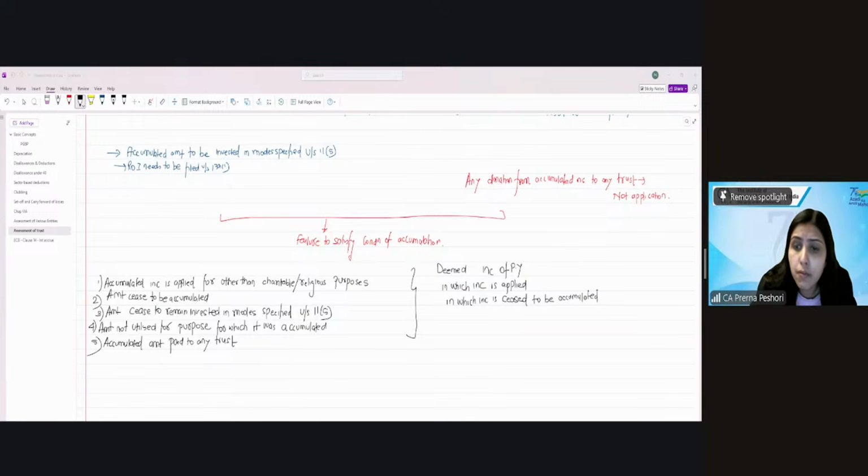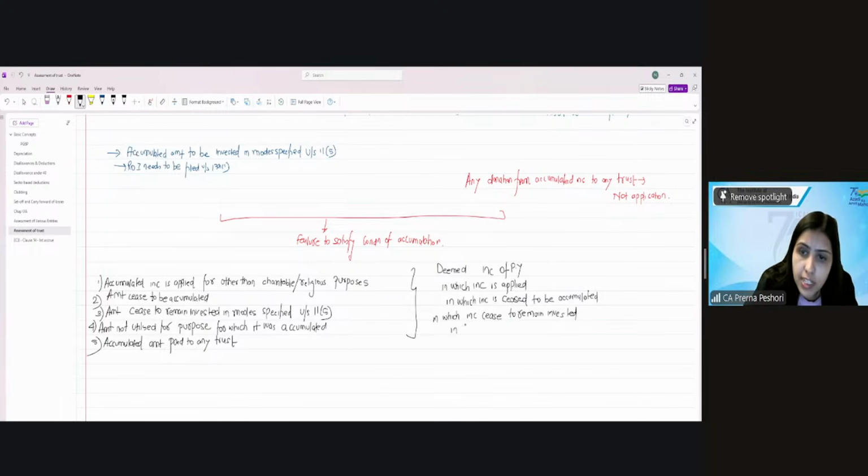Or income in the year in which it ceased to remain invested, or it is not utilized for the purpose for which it is accumulated.